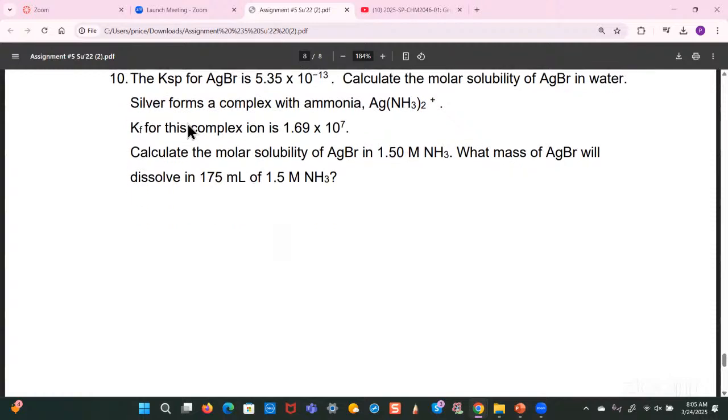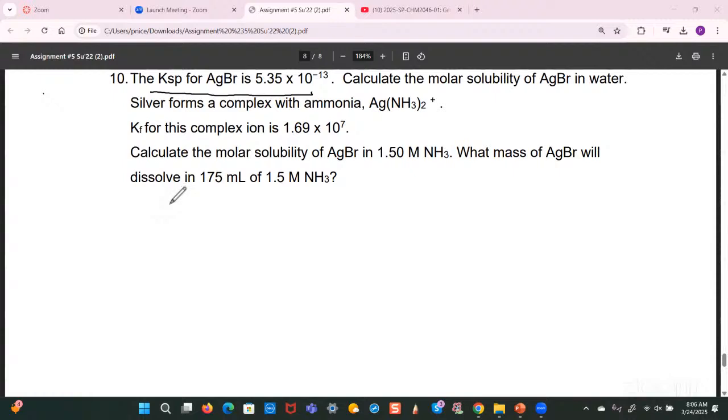Okay, so in question number 10, it says that the Ksp for silver bromide is 5.35 times 10 to the minus 13, and it says calculate the molar solubility of silver bromide in water, all right?